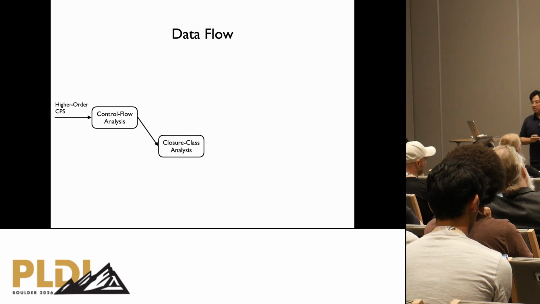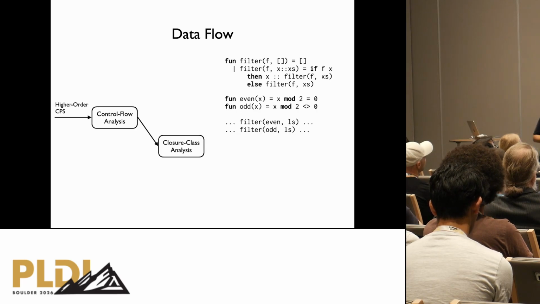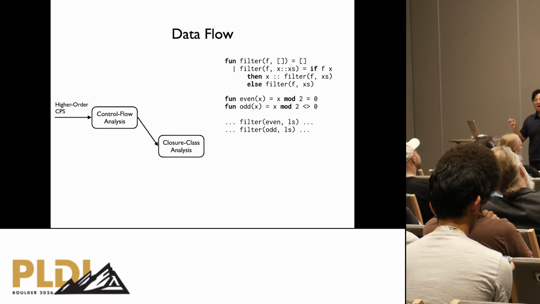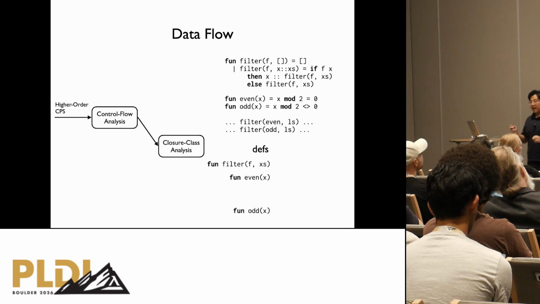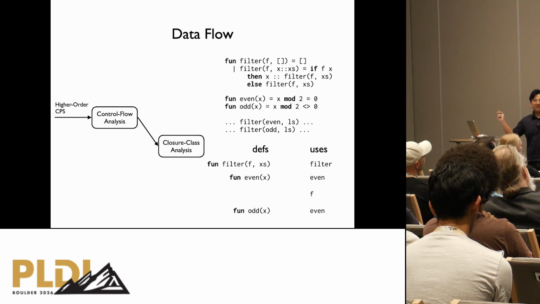On the flip side, on the data flow question, we perform what we call the closure class analysis. This is the same example again, but now we draw a bipartite graph as follows. We have definitions on one side, and uses of a variable on the other side. We use defs and uses as standard terminology for data flow analysis.